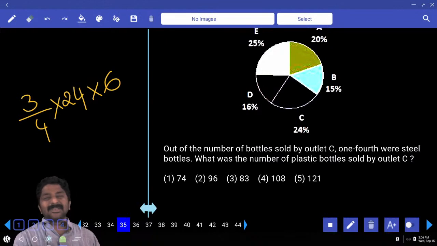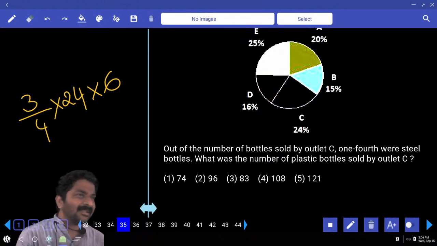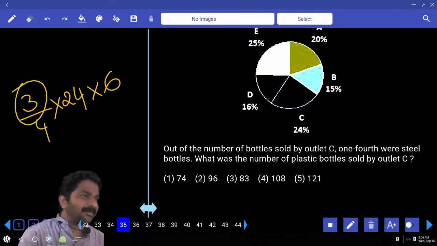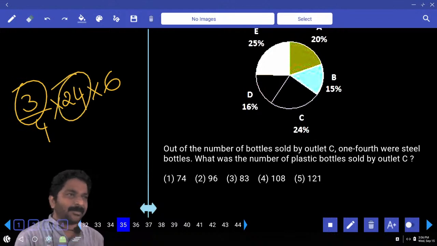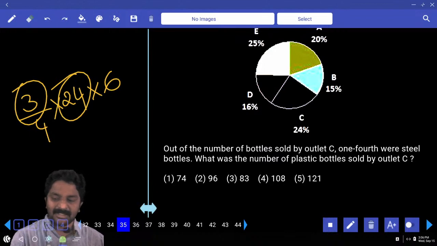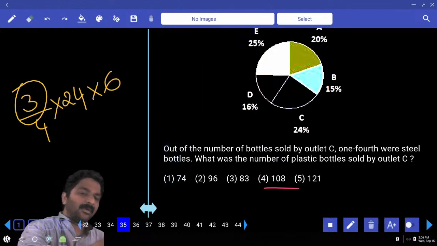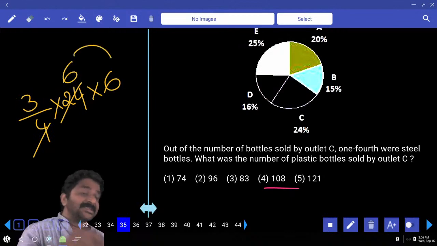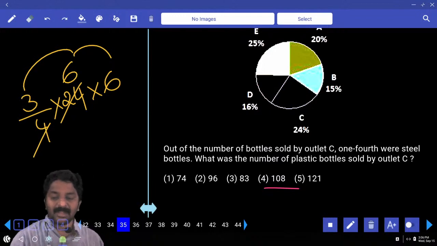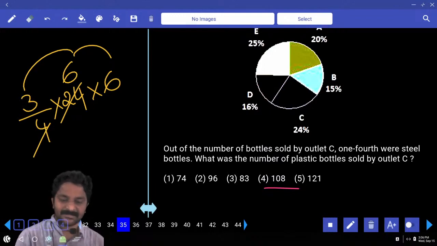Now, answer must be a 9 multiple, right? Come on. This is a 3 multiple and this is also a 3 multiple, where denominators are not 3 multiples. Answer must be a 3 multiple and there is only 1. Otherwise, you can go and verify the last digit. How many times? 6 times. 6 into 6 ends with 6. 6 into 3 ends with, and there is only one option which ends with 8.